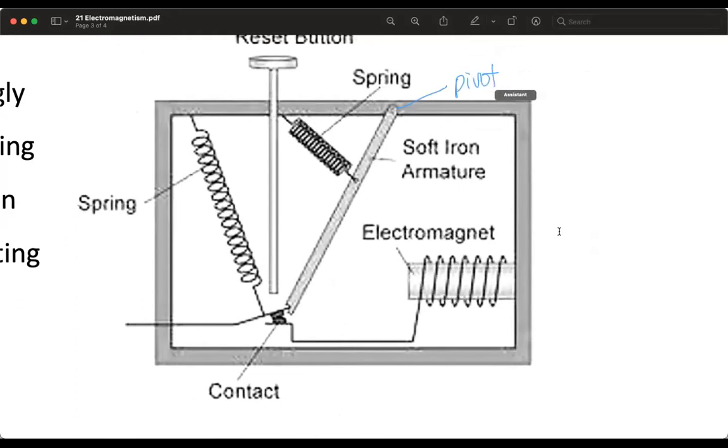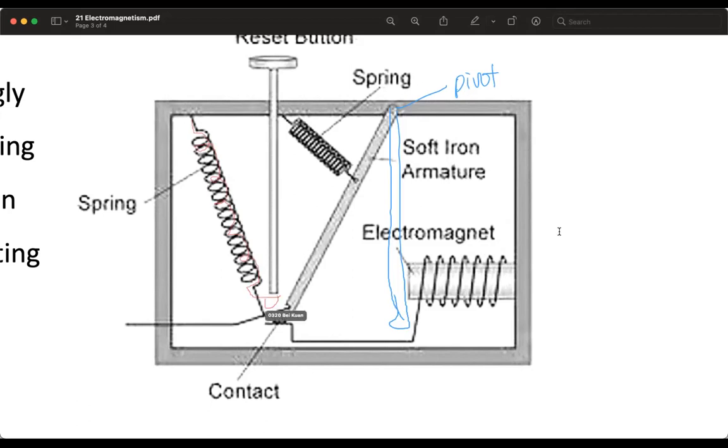So when this thing is attracted, you'll be here. Then what happened? Okay, I think I know what happened already.